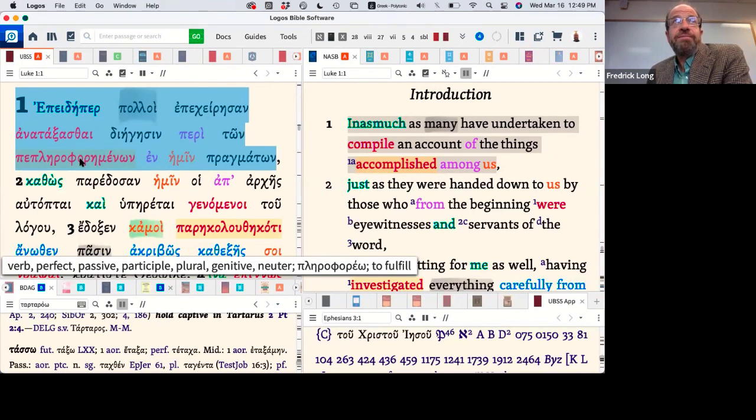And it really profiles Jesus as a teacher. In fact, Vernon Robbins has a book called Jesus as Teacher, and it's about looking at that in Mark.